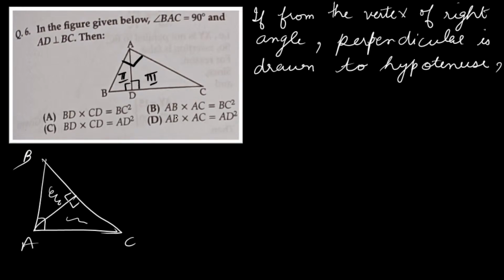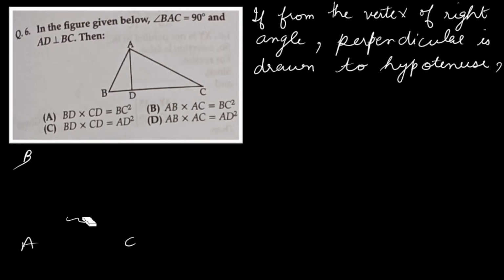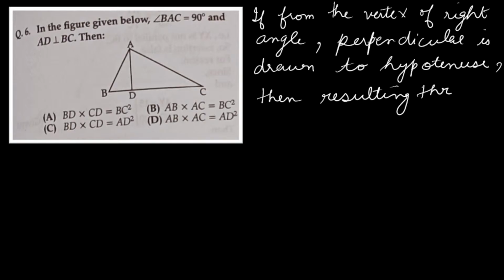All three triangles will be similar to each other. So how to write this? The resulting three triangles are similar to each other.